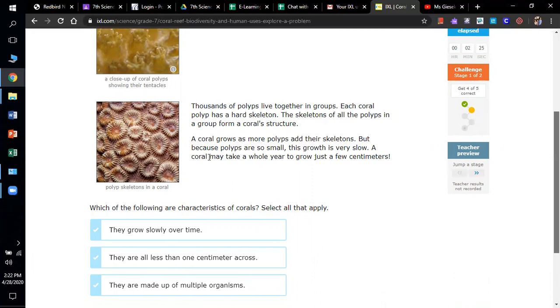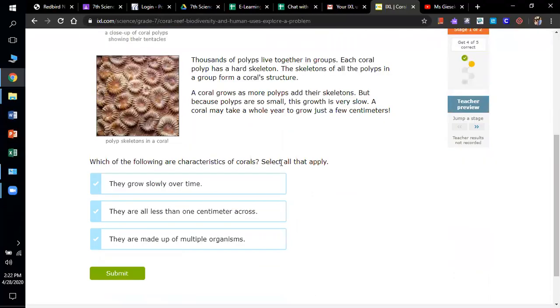Which of the following are characteristics of coral? So this is the tricky thing. You don't want characteristics of polyps, you want characteristics of coral. So a coral grows as more polyps add their skeletons, but because polyps are so small, this growth is slow. So I'm going to say yes. They are all less than 1 centimeter across.